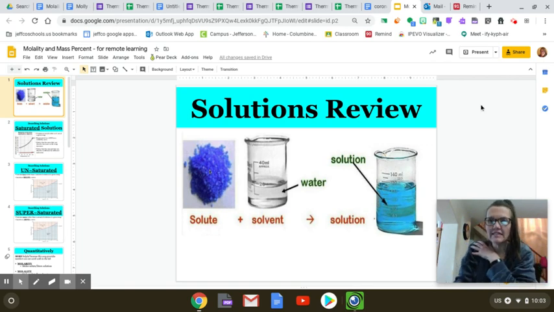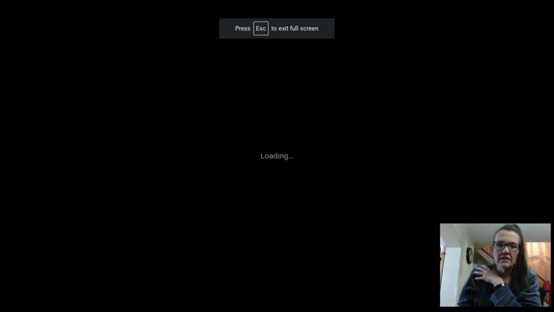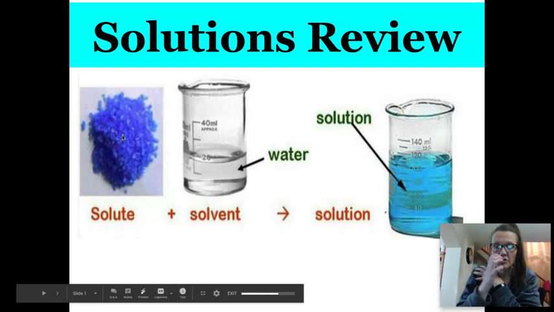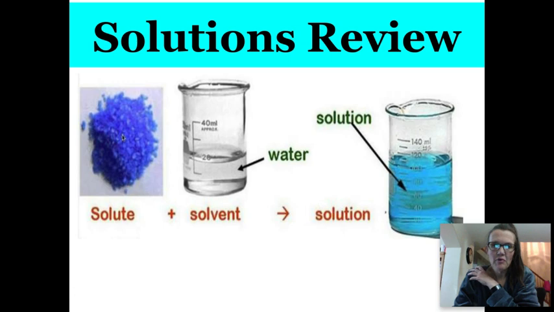One of the important things you need to know about solutions is the vocabulary associated with them. A solution is made up of the solute, which is the item that is being dissolved, and the solvent.